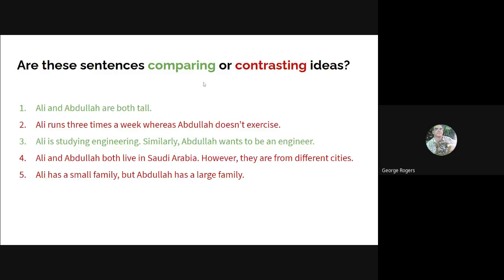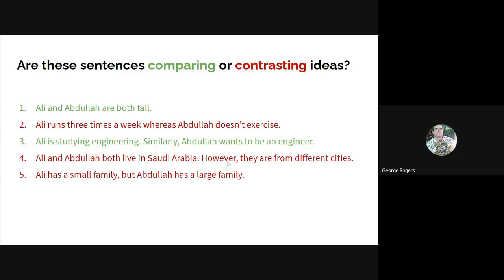Comparing: Ali is studying engineering. Similarly, Abdullah wants to be an engineer. That's comparing. It's basically saying they're both interested in engineering. Ali is studying and Abdullah wants to study engineering. Number 4, Ali and Abdullah both live in Saudi Arabia.